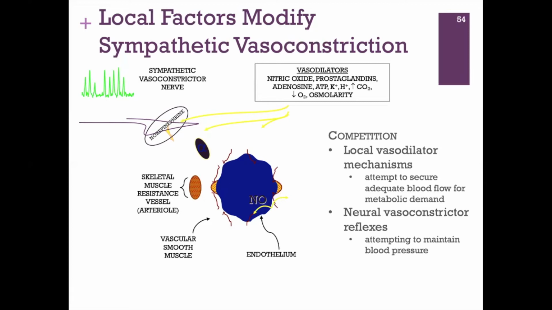So there's this competition: we've got these local vasodilators trying to get more blood flow to match the metabolic demand at the working muscle, but we have the brain trying to vasoconstrict it, trying to maintain blood pressure. And we've got these two competing forces happening at the local muscle.